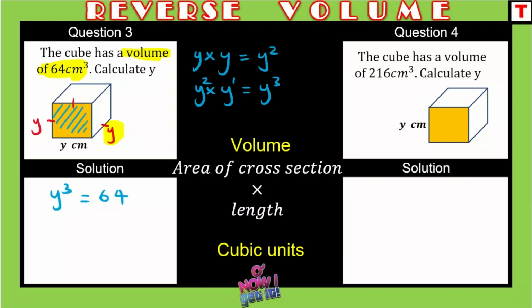The inverse of cubing is to take the cube root. Therefore, if we wanted to find the value of 1y, then we would take the cube root. So we're going to be taking the cube root of 64. In other words, what number multiplies by itself 3 times to get 64? And that would have been 4. So therefore y would be equal to 4 centimeters.